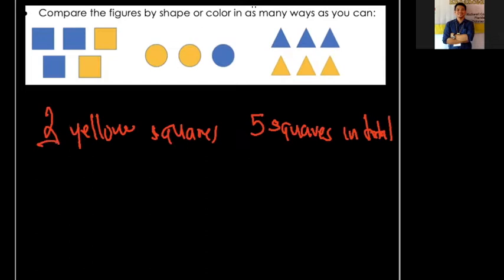So two is just the part of the total squares, and five is the total squares that we have. So it's part and whole. And we can do that also with the other two figures.